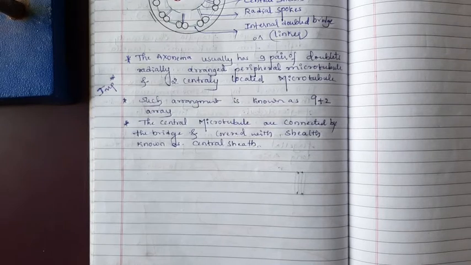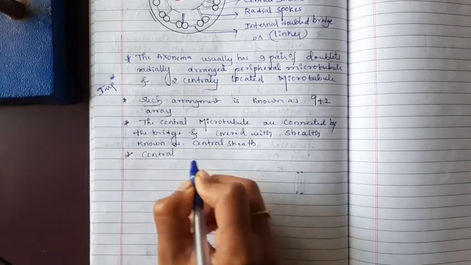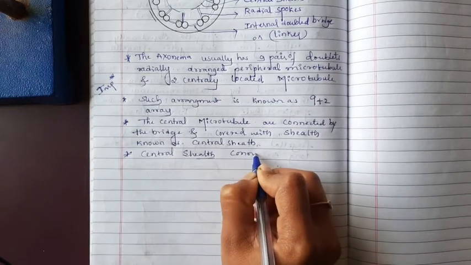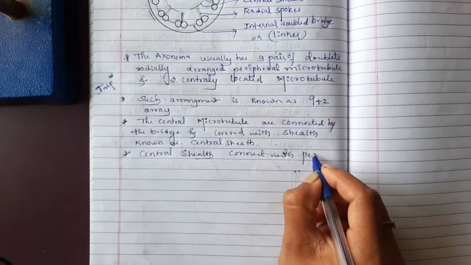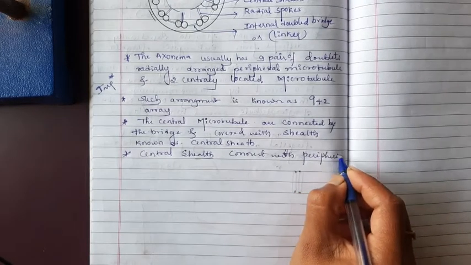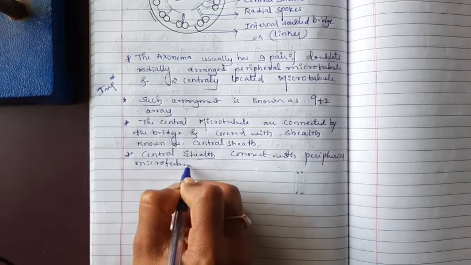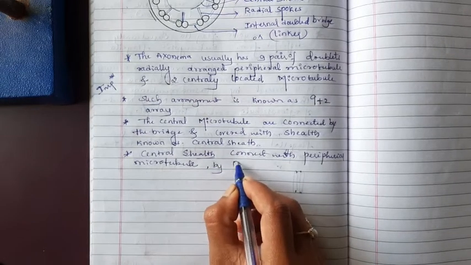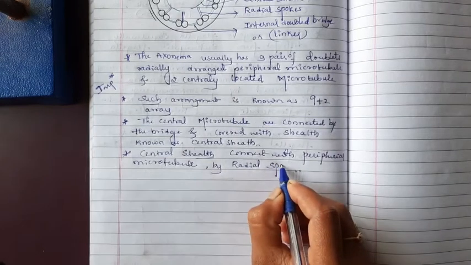The central sheath connects with one of the tubules of the peripheral microtubules by radial spokes.